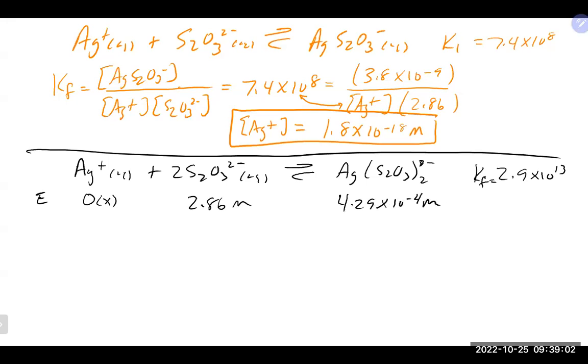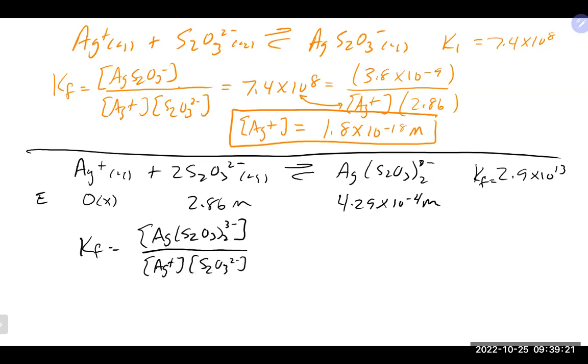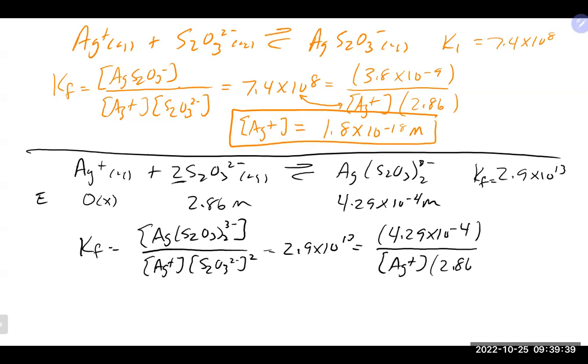So at this point, you could have gone into the K expression for the overall reaction. It's the nice thing about equilibrium, you could do it at any point here. In this case, we would square it because of the coefficient. This would equal our 2.9 times 10 to the 13. Putting in our numbers would give us 4.29 times 10 to the minus 4 divided by the silver concentration and our 2.86 squared.